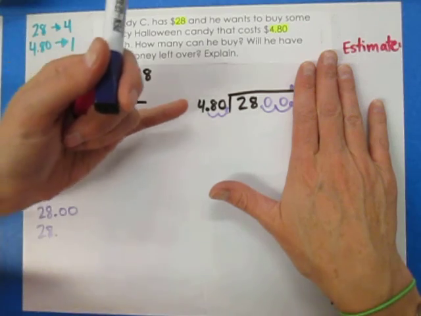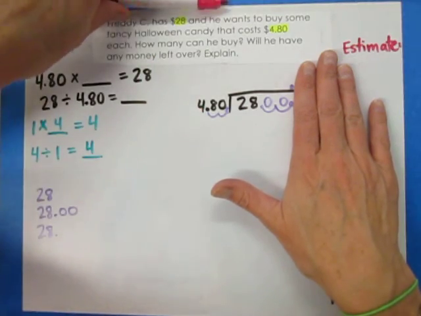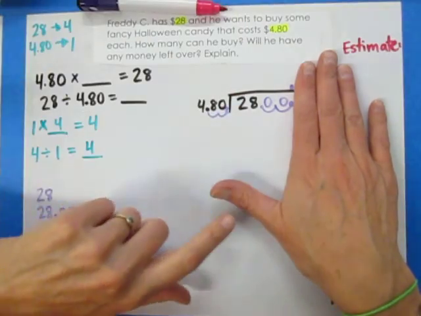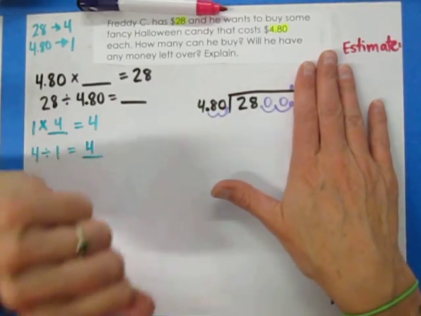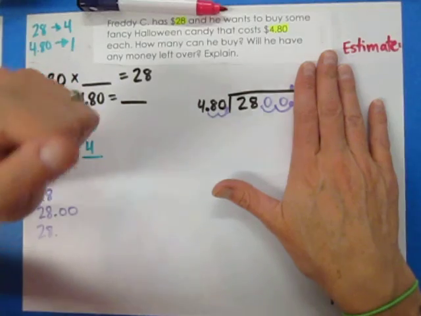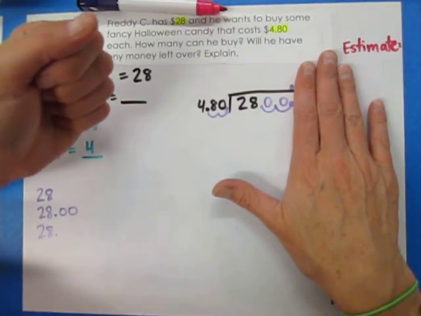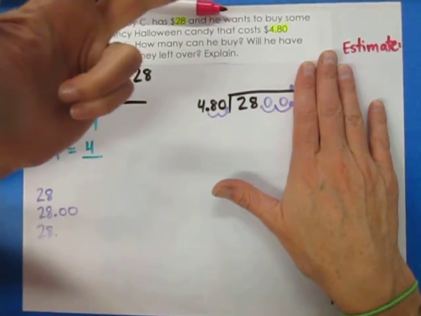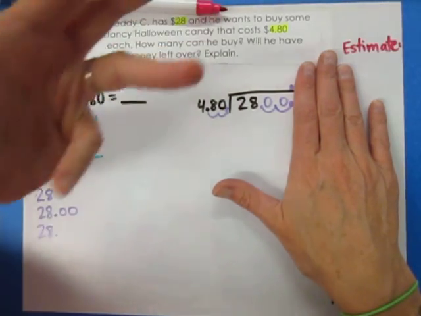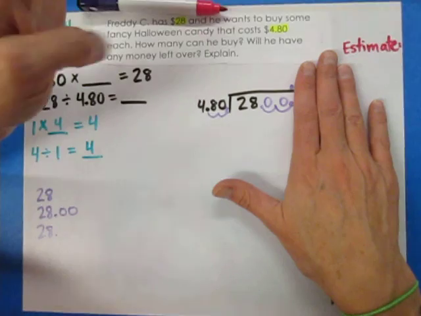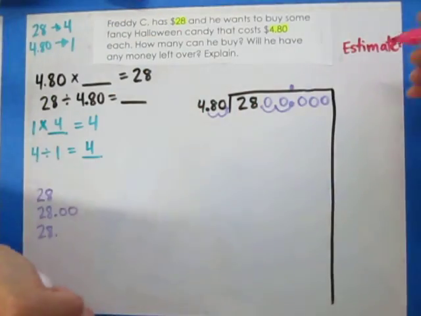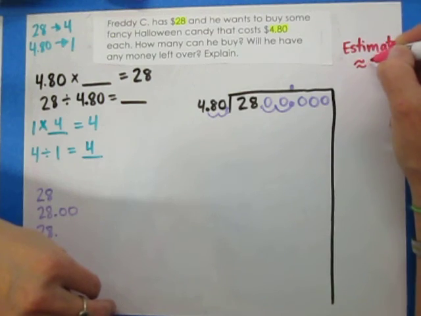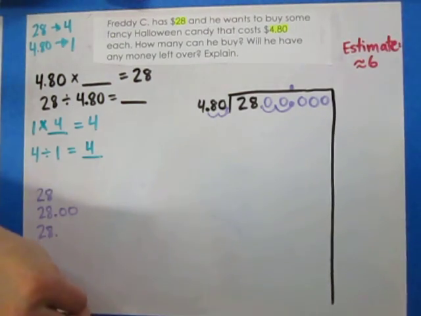So 480 is really close to 500, and I know how I can count by 500s, and 2800 is really close to 3000, so I'm going to count by 500s and see how many times I get up to 3000. So 500, 1000, 1500, 2000, 2500, 3000. So that's 6. So my estimate is going to be somewhere between 5 and 6. So I'm going to say that it's approximately 6.